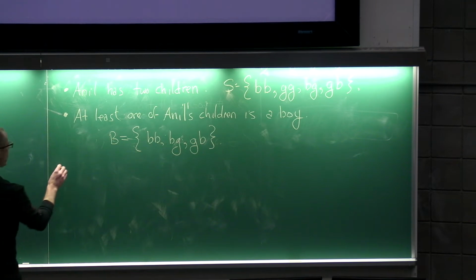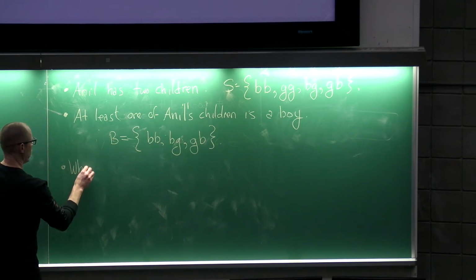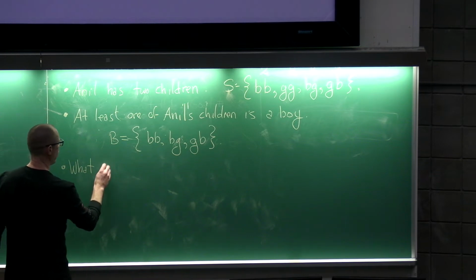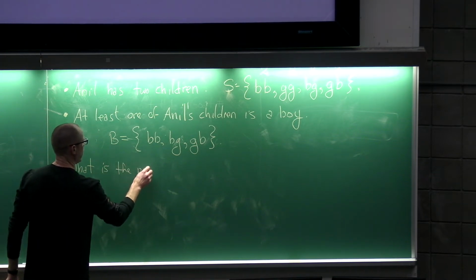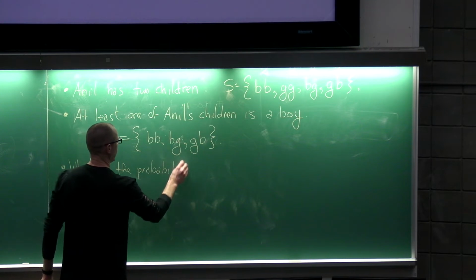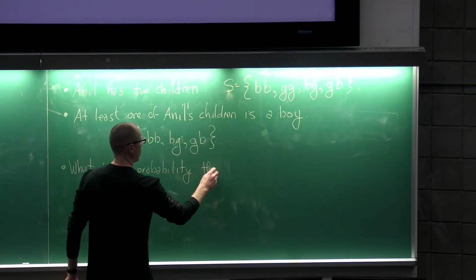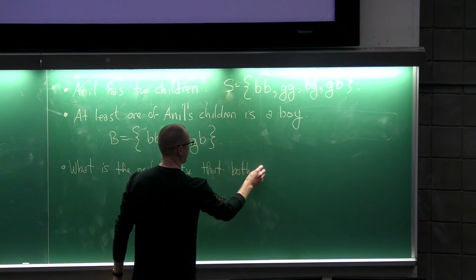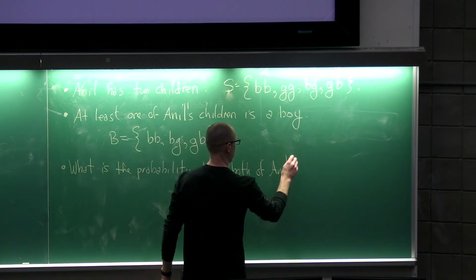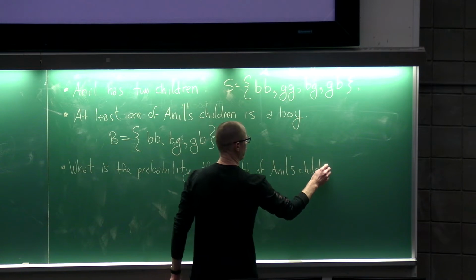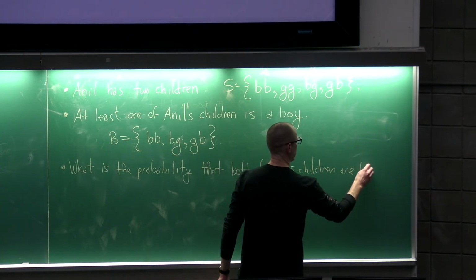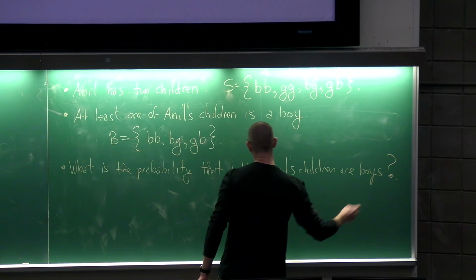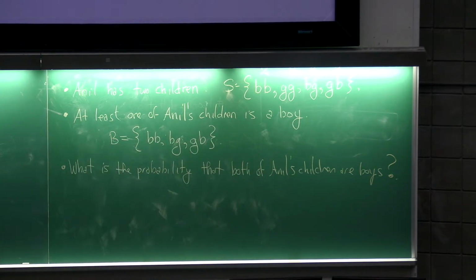Okay, and now the question is, given everything you know, what is the probability that both of Anil's children are boys? Okay. So already, just writing it down carefully like this gives us a hint about what the answer should be.